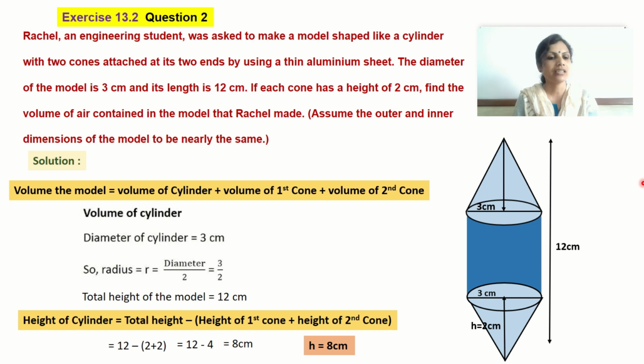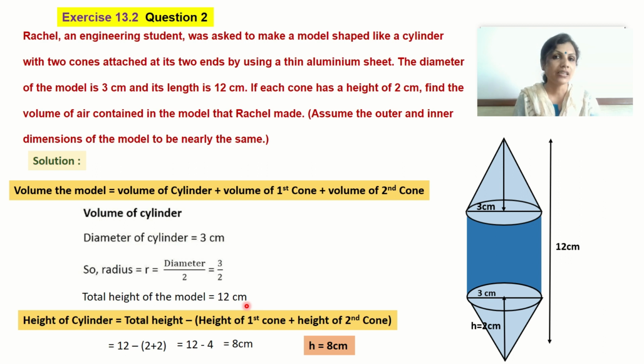First let us find out the volume of the cylinder. We are given that the diameter of the cylinder is 3 cm, so its radius will be equal to 3 by 2. We are given that the total height of the model is 12, and from the total height, we have to find the height of the cylinder.